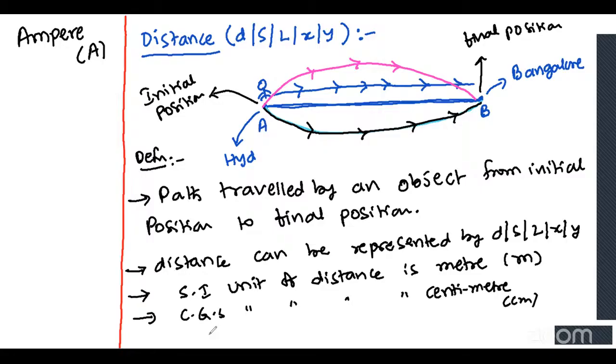And we know the relation: 1 meter equals 100 centimeter, or 1 centimeter equals 10 power minus 2 meter.